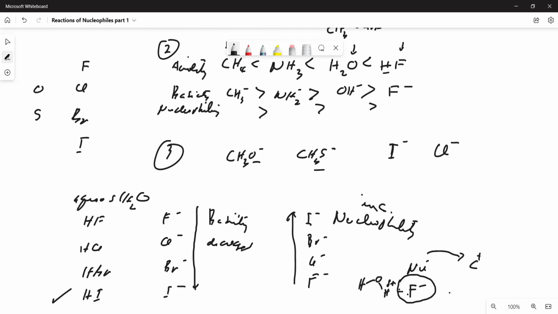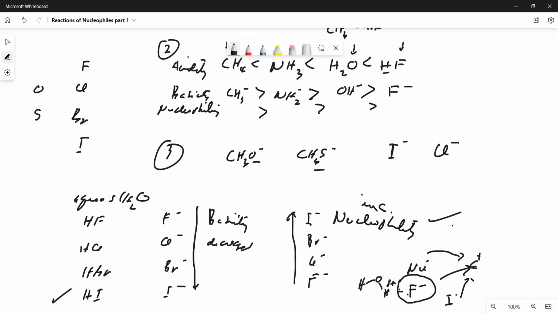So the water is blocking the attack of the fluoride because water has a very strong attraction to the strongest base. How about the iodide? The iodide has the least attraction because it is the least basic, so it's free to attack the carbon. That's why it becomes the most nucleophilic.